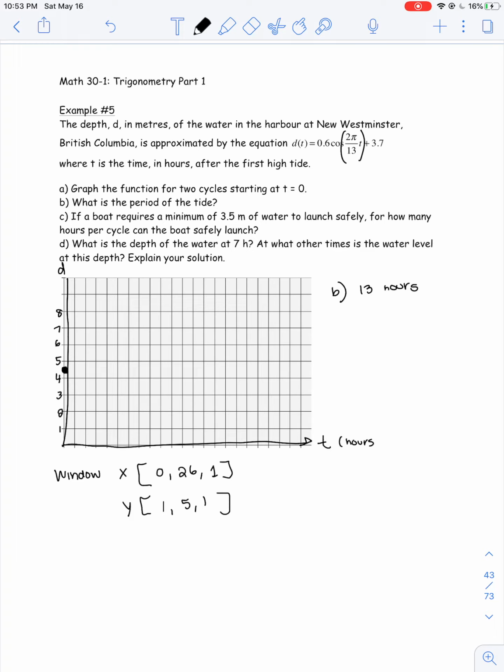I'm going to try to figure out what scale I should use for my time. Okay, so I'm going to go up by 2, 4, 6, 8, 10, 12, 14. So every 2 hours is what I'm going up by for my scale.